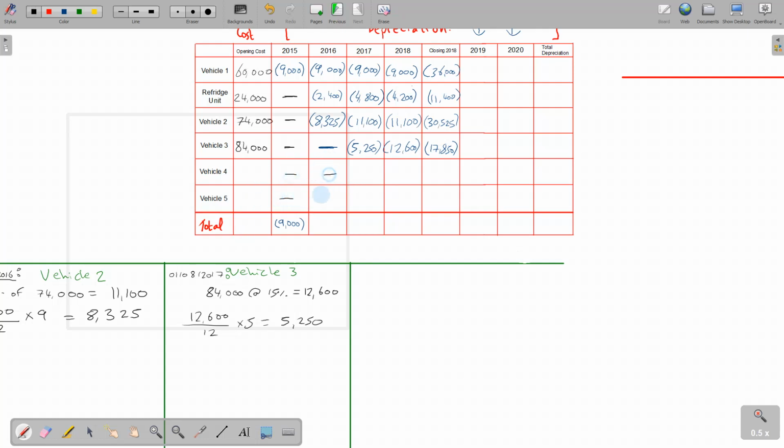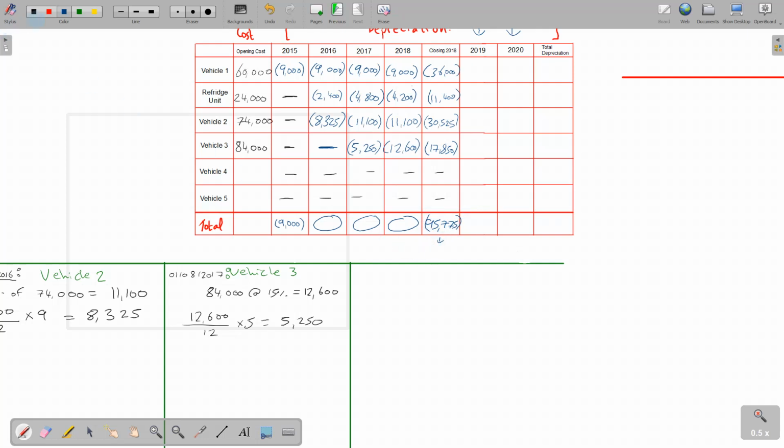Now, we don't have vehicle 4 or 5 until our adjustments. We can just say there's no depreciation here at all. I am closing. So again, nothing there either. We might as well add all these down now, just so we have them. I don't necessarily need the totals here. The only totals that really matter are for closing of 2018, because that will be our opening balance of depreciation for 2019. And that is 95,775.